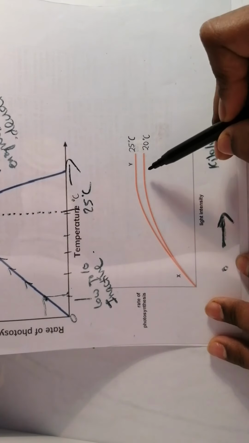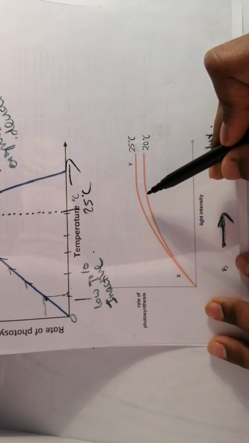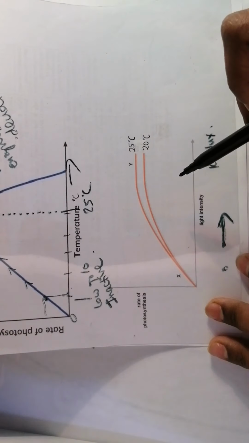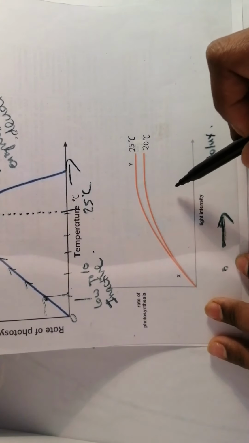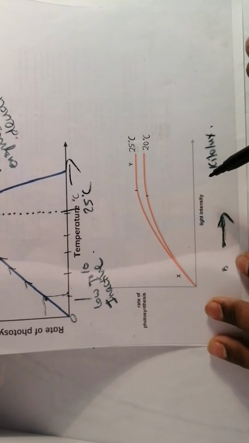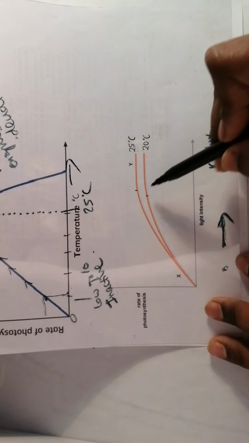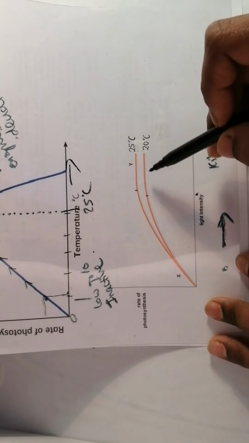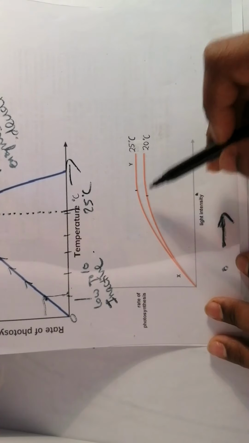We are seeing that there are two lines, but one reaches an optimum at an earlier point as compared to the other. See, at 20 degrees Celsius at a high light intensity, right? The optimum was actually reached at a lower light intensity, right?